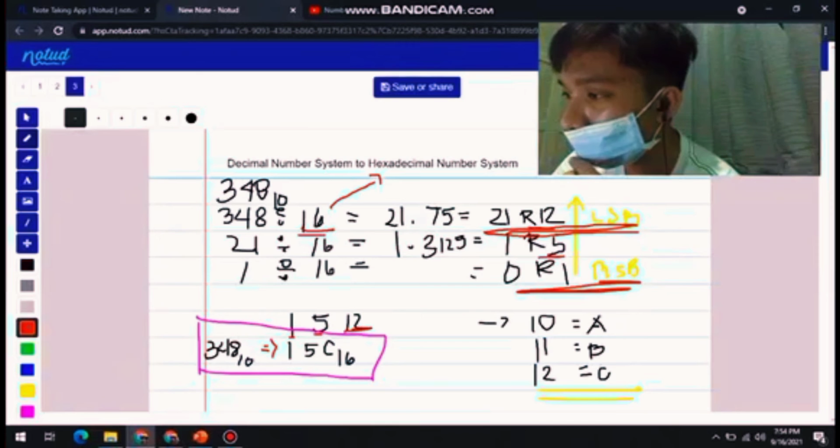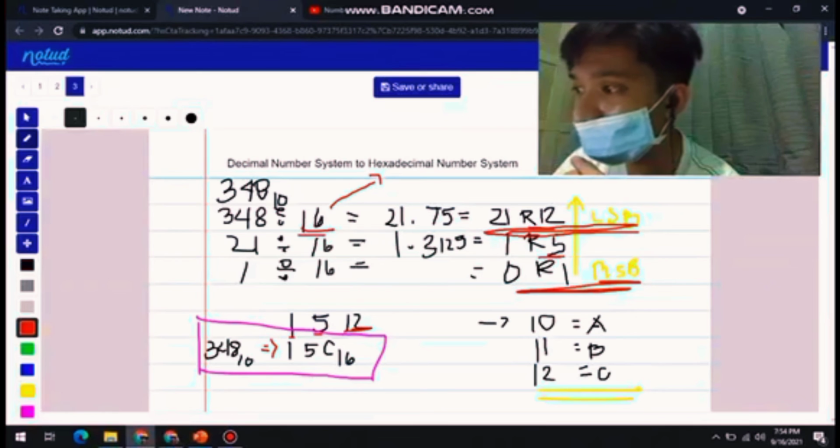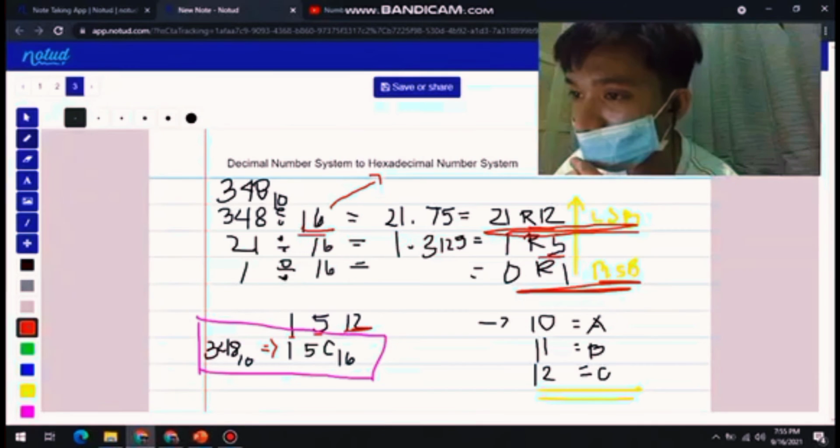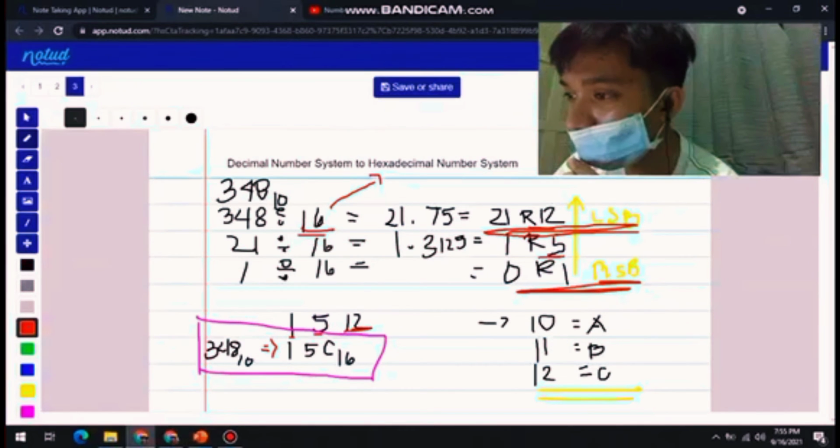Like they discussed earlier, 10 is equals to A, 11 is equals to B, and 12 is equals to C. So we'll get this one. So now it is 1, 5, C with the base of 16, subscript of 16.